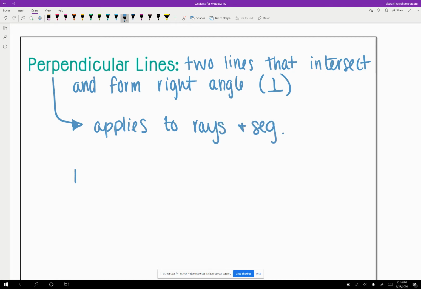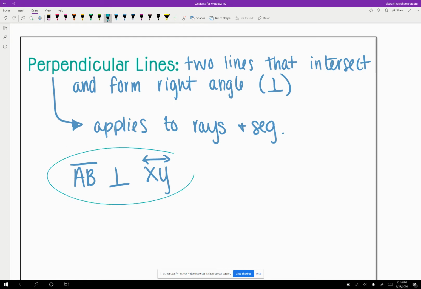So we could say my segment AB is perpendicular to, I'll use line XY. So even if you're not given a diagram, now you should be able to translate this sentence I just gave you into a picture if you needed to draw it.